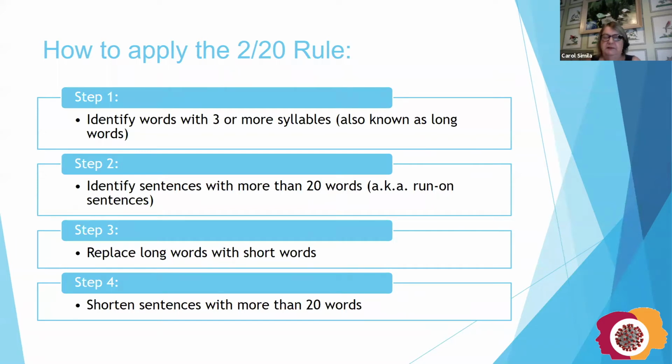This is an example of how to apply the 220 rule. As you're looking at a text, step one, identify the words with 3 or more syllables, or what we like to call long words. I know 3 syllables doesn't seem like a really long word, but we're going to call 3-syllable words long words.